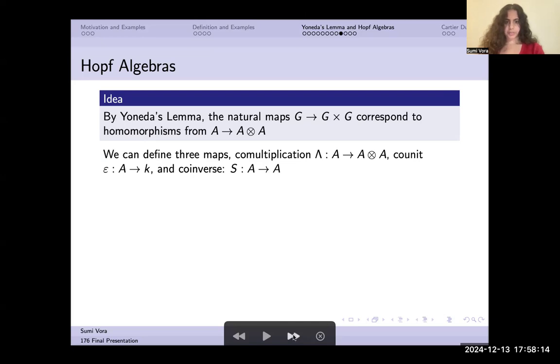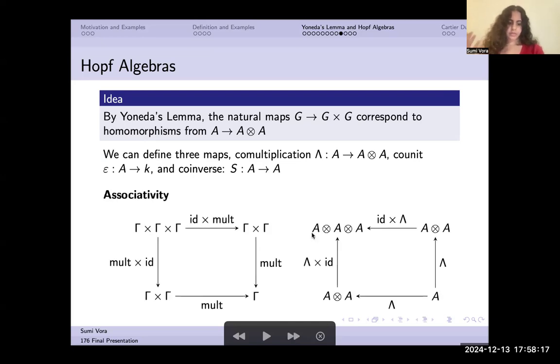So first, let's talk about associativity in terms of multiplication. In G on the left, we're going to have this natural map because we can either multiply on the left first, or we can multiply on the right first. And then doing the other multiplication is going to give you a map from gamma times gamma times gamma to gamma.